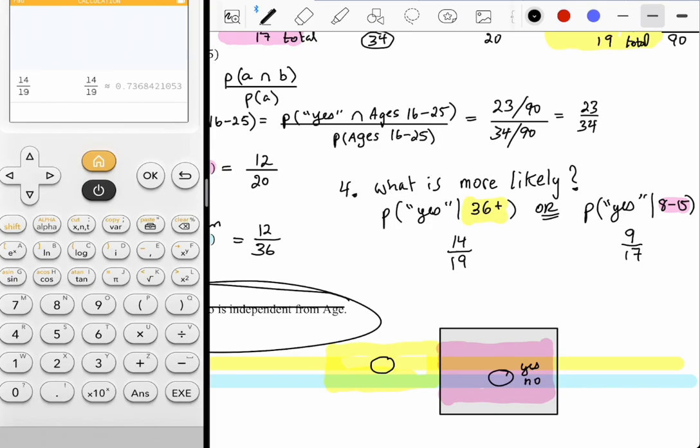So that's about 0.737. And again, I mentioned before that we don't want to go to decimal form very often. Most of the time it's just fine to put the fraction answer. I just need to be able to compare these two numbers, and this is the best way I can think to do it. All right, so the 9 out of 17 is about 0.529.